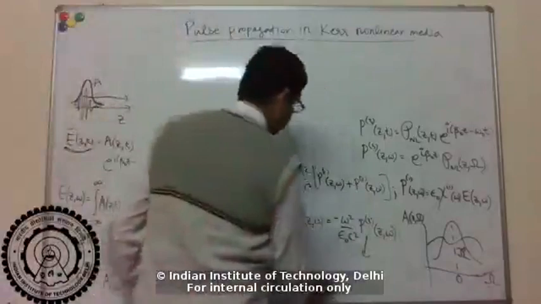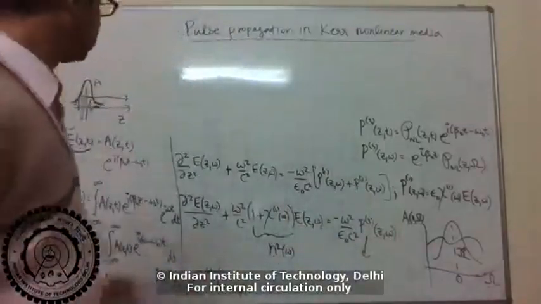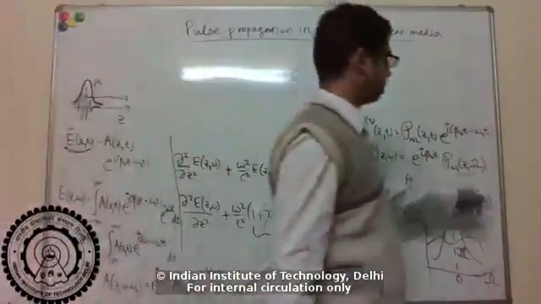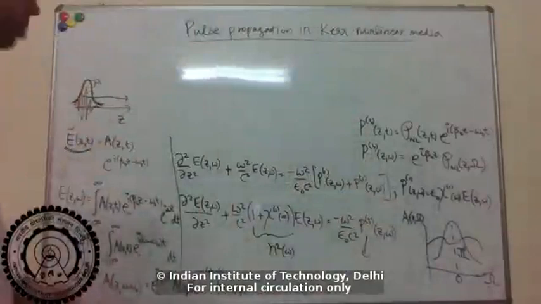So basically we want to transform our variables from omega to capital omega, because we want to see only changes in the envelope.